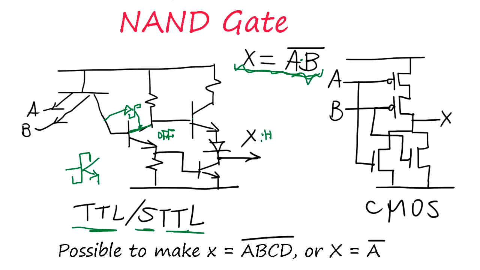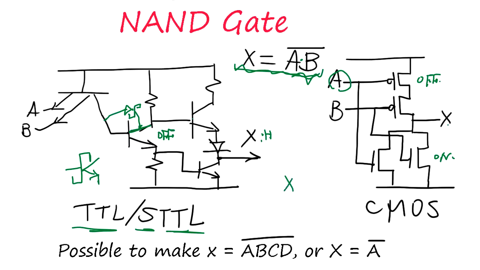Now this is an example of CMOS, and if you look at this logic, if one of them, A, is high, it shuts off the gate and turns on the other one, so output becomes low. So only one of them is sufficient to make the output opposite.